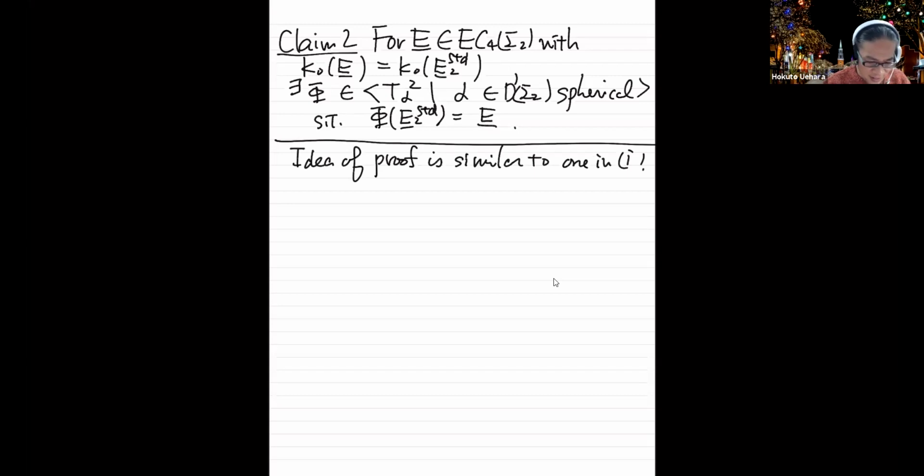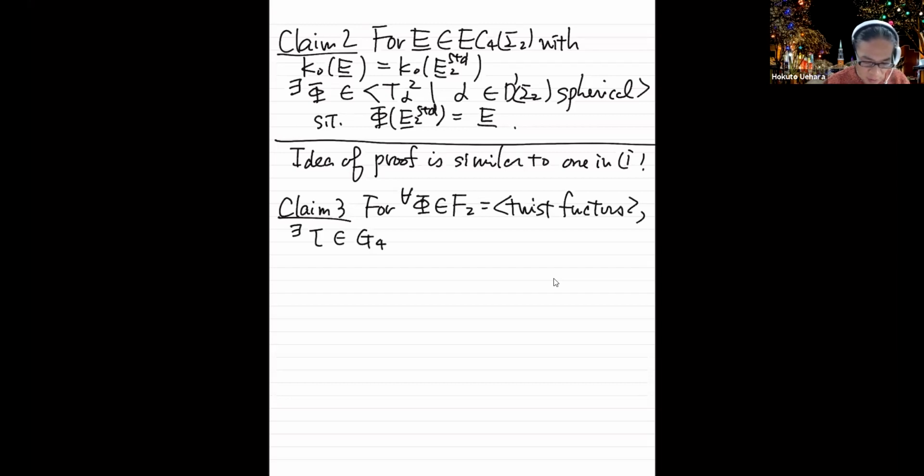And claim 3 is: for any phi in F2, which is generated by the twist functors, there exists tau in G4 such that phi E2 standard is equal to tau E2 standard.